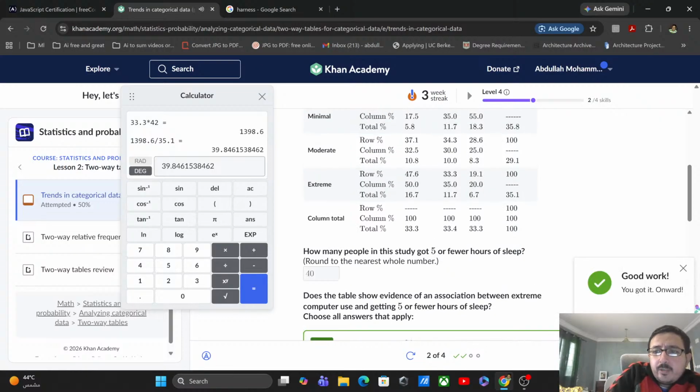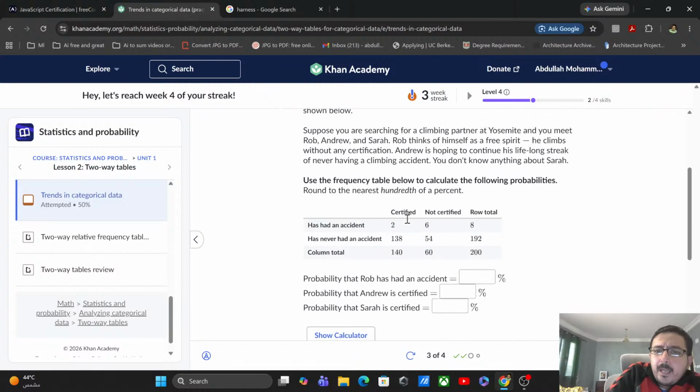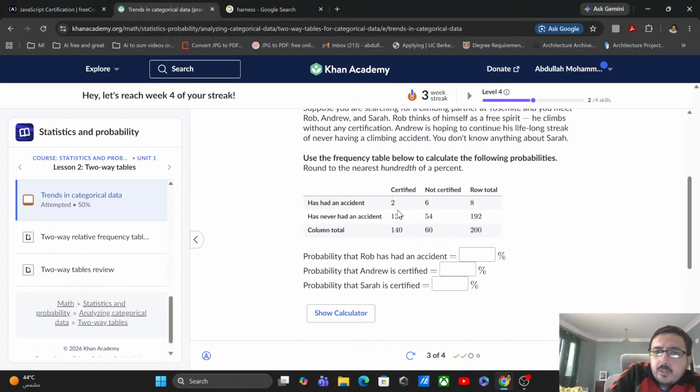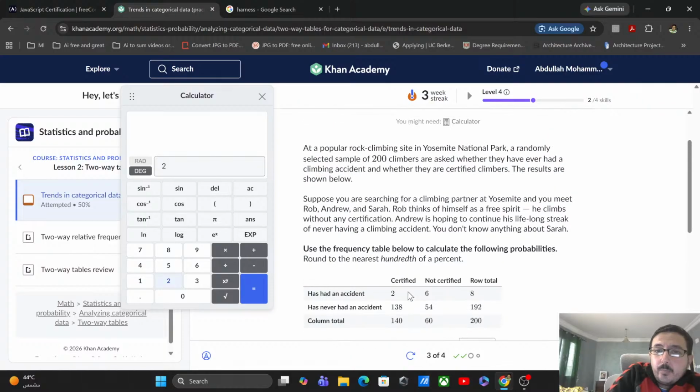The problem is, once you get one wrong, okay, you get it right. Not a popular rock climbing site in Yosemite. This we just solved, so 2 out of 8. This is new. 200 climbers. Suppose you are searching for a climbing partner at Yosemite and you meet Rob, Andrew, and Sarah. Rob thinks of himself as a free spirit.